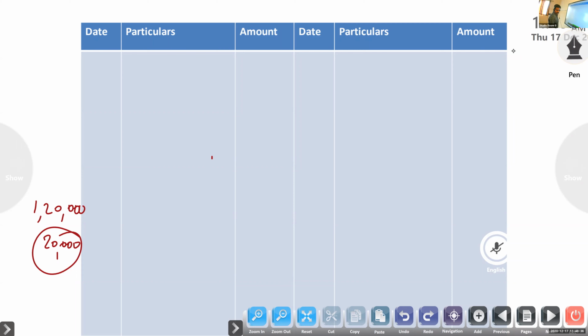So we'll start. One thing you have to remember, accounts are closed on 31st March. So we'll prepare the machinery account, plant and machinery, debit side. This is the last question, so if this case comes, you can solve it easily. 1st April 2011.